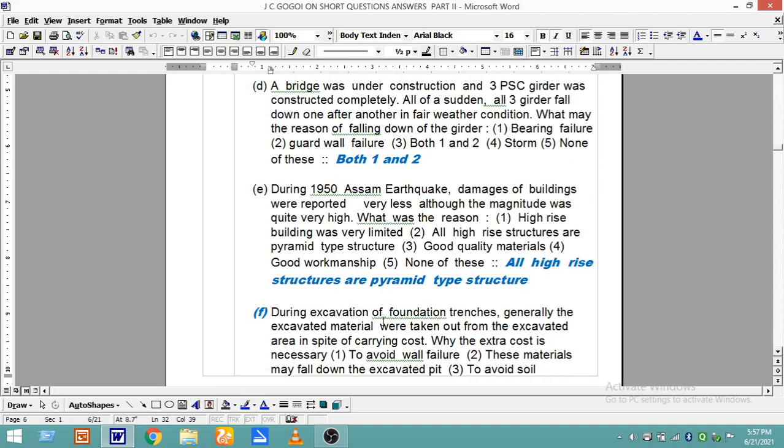During excavation of foundation trenches, generally the excavated materials are taken out from the excavated area in spite of carrying cost.